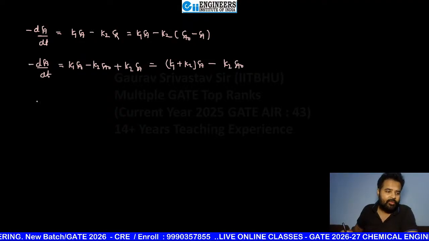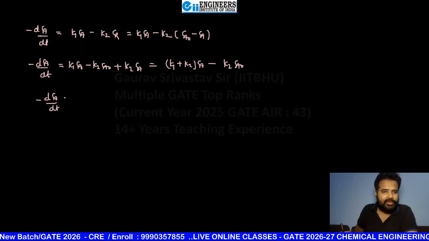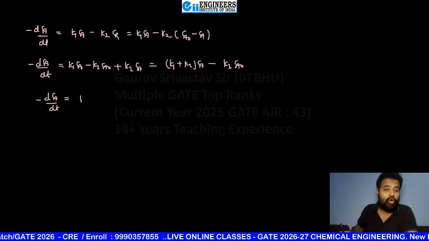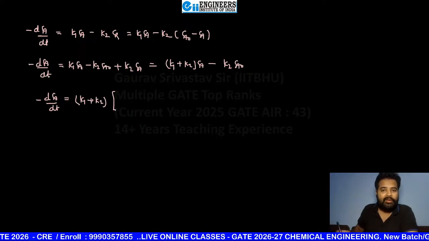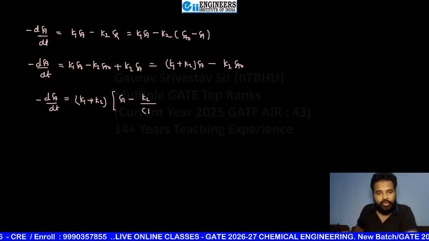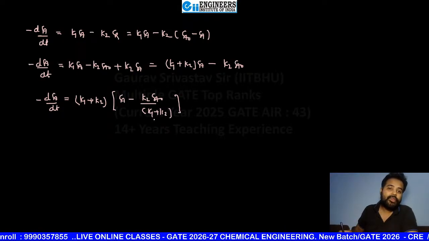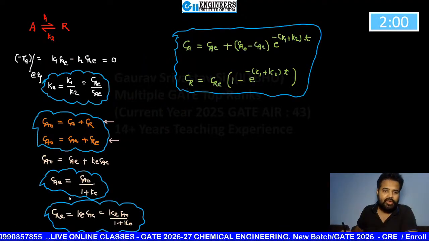So minus dCA by dt equals K1 plus K2 common, times Ca minus K2 upon K1 plus K2 Ca naught.